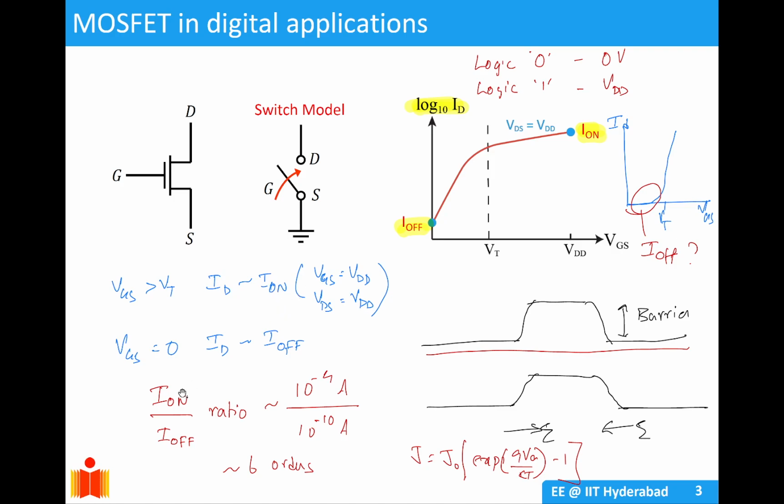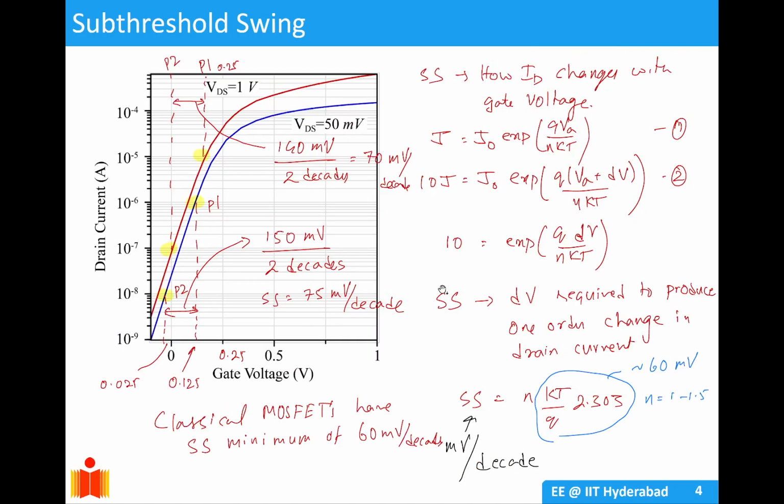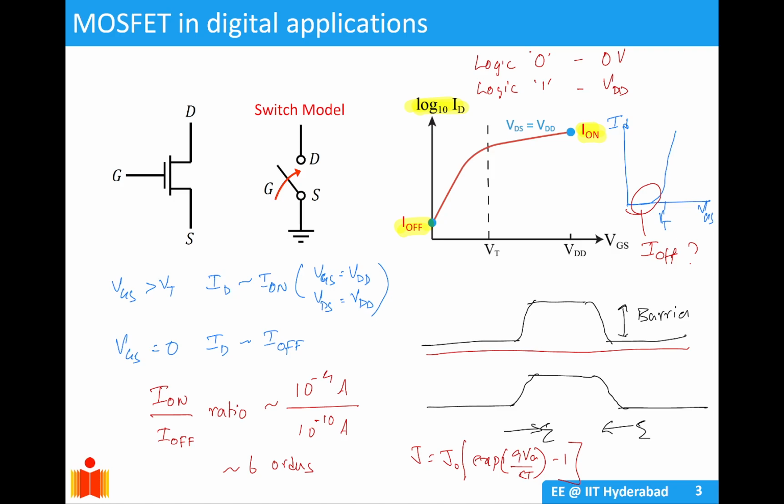So now we can calculate the ratio between our on current and the off current. Off current in the ideal condition should be zero, but in reality, due to leakage across the insulator as well as other quantum effects, my off current is not ideally zero.